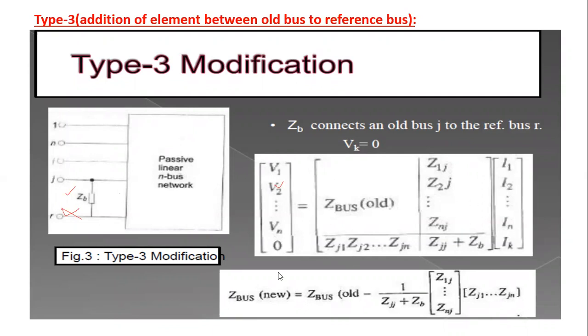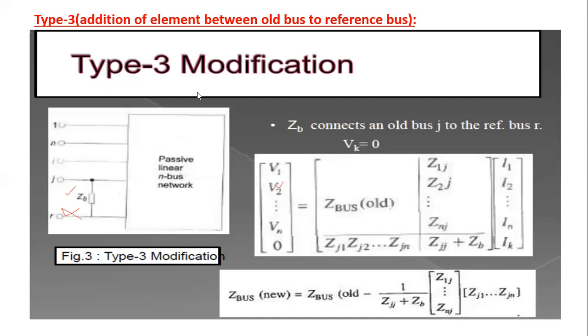By using this matrix, we can write down the Z bus new equal to Z bus old minus 1 by ZJJ plus ZB, into Z1J, Z2J and so on ZNJ, into ZJ1, ZJ2 and so on ZJN.